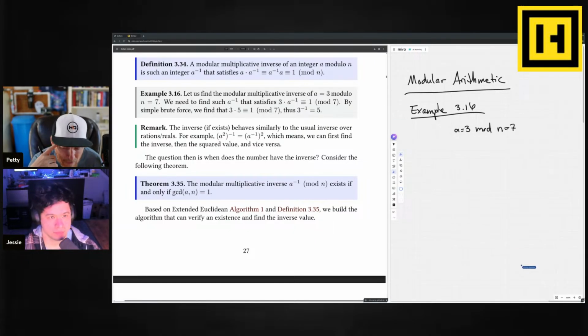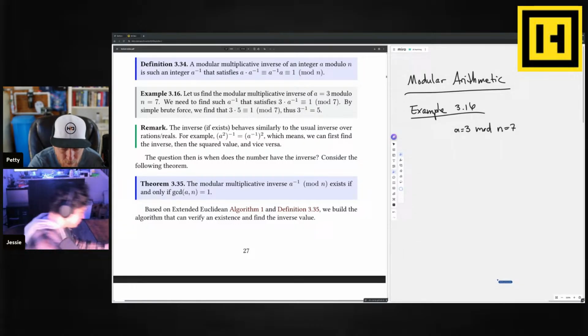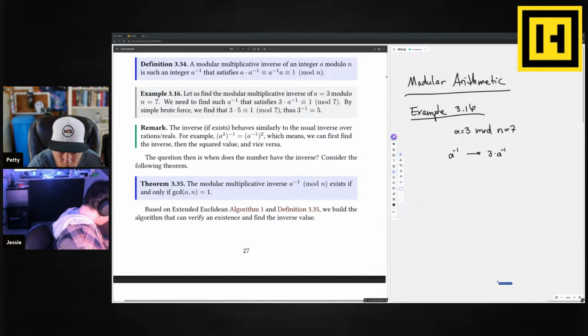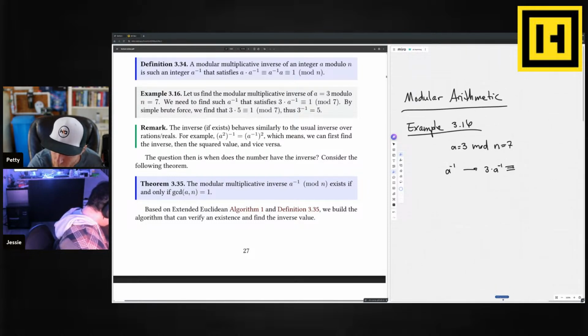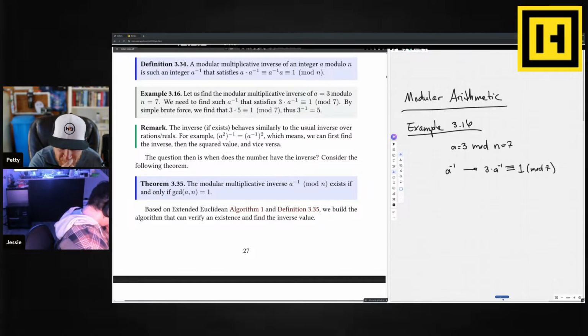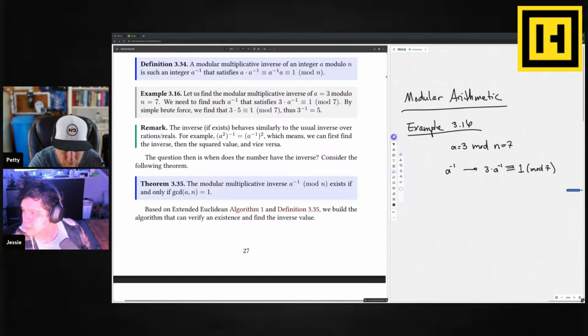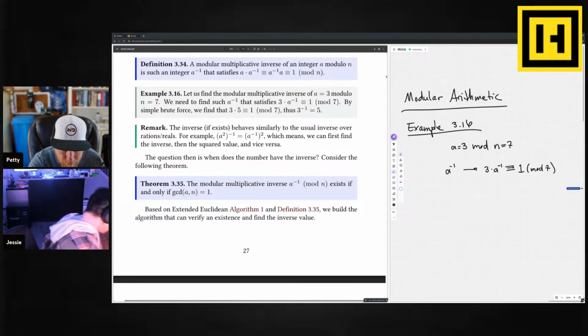You define such that a inverse satisfies 3 dot a inverse is congruent to 1 mod 7. By simple brute force, find that 3 times 5 is congruent to 1 mod 7.